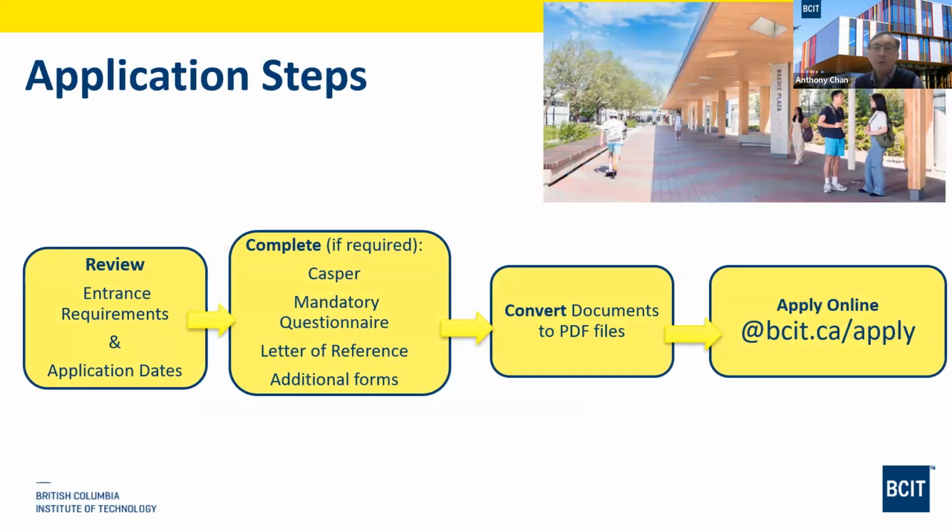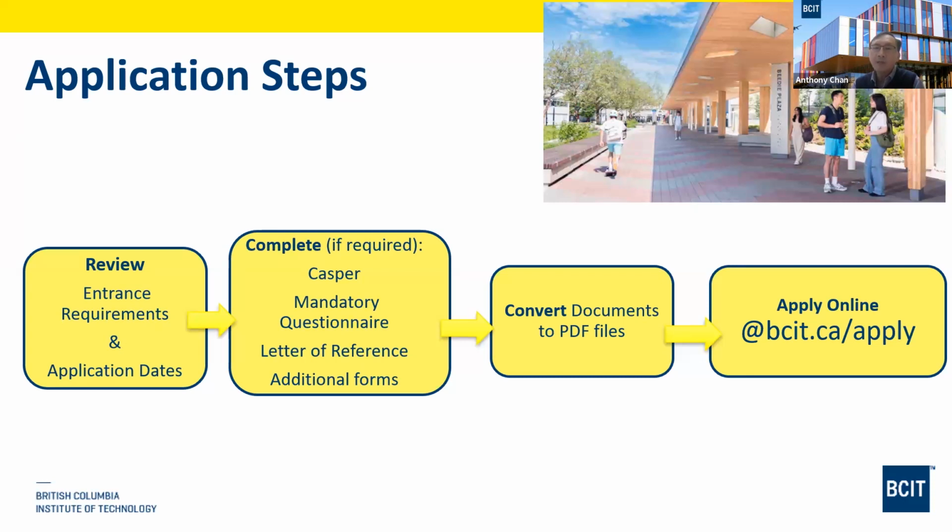So the application is quite straightforward. You just need to go to our website and first of all, look at the entrance requirement. Basically it is math 12, physics 12, chemistry 11, and English 12.